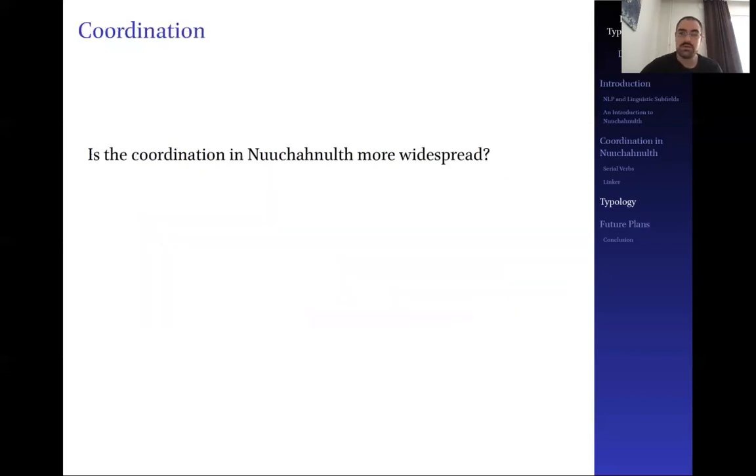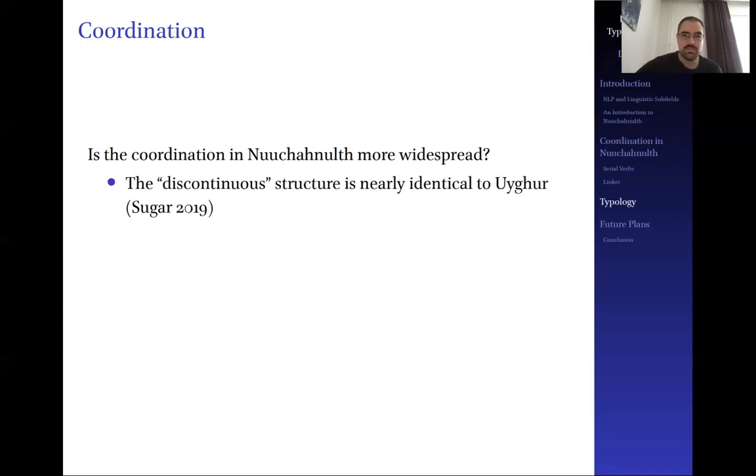So going back to my case study of coordination in Nuuchahnulth, is that coordination more widespread than just this one strange language in the Northwest? The answer is yes. The discontinuous structure that I showed you, where the object is split off from its verb, is nearly identical to verb coordination in Uyghur. Uyghur is a Turkic language spoken in Western China.